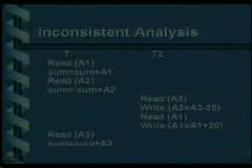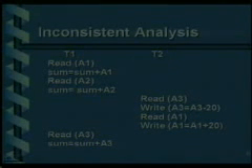The third problem is inconsistent analysis. T1 and T2. T1 is reading values A1, A2 and so on, and sometime later it is supposed to read A3. What happens? T2 comes in between, reads the value of A3, reduces it and adds the same value to A1.